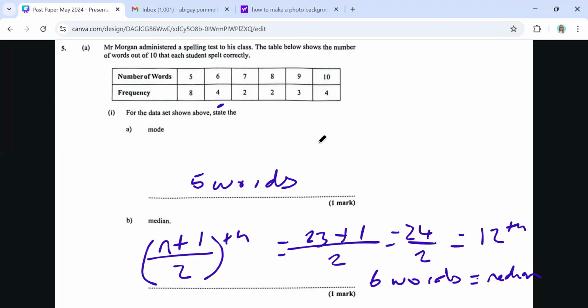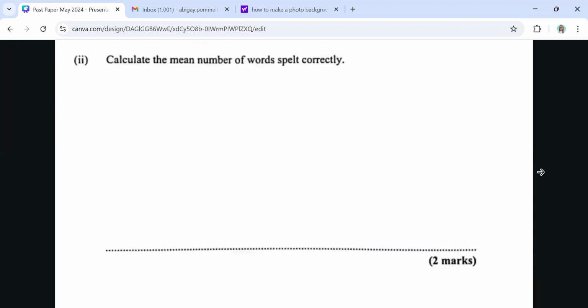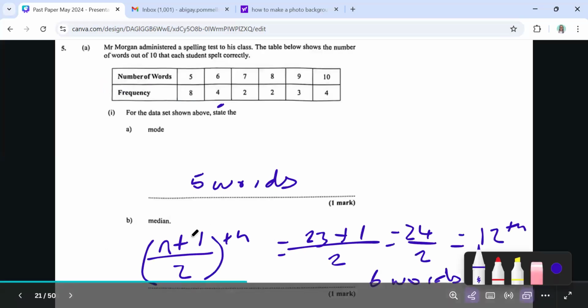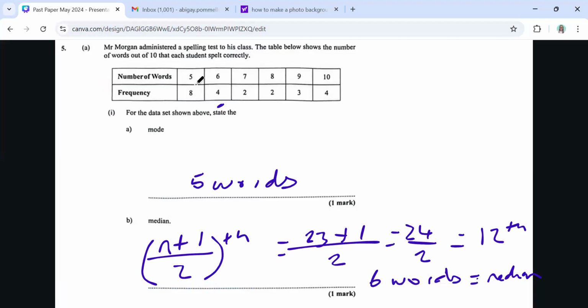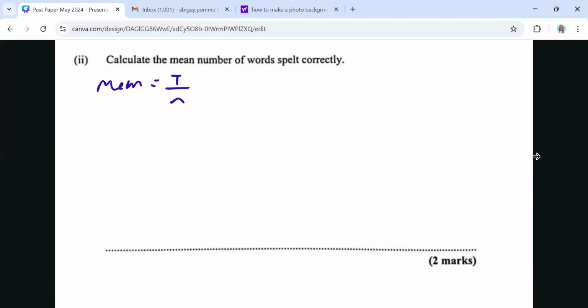Now, in order to find the mean of a frequency table, this is our formula: mean equals total over n. So based on over here, our n was what? 23, right? So now we have to multiply the number of words with the frequency.